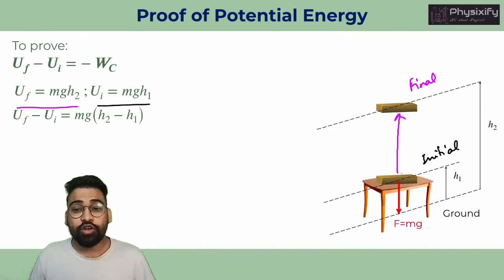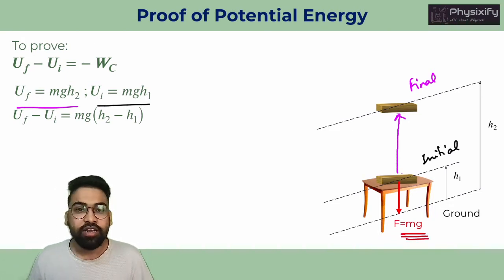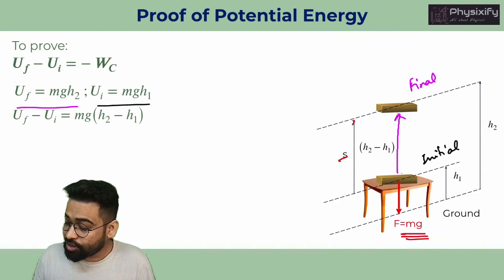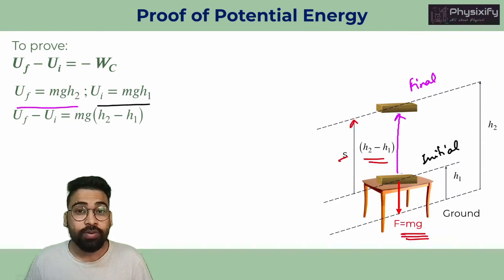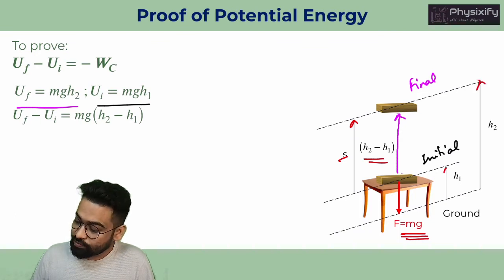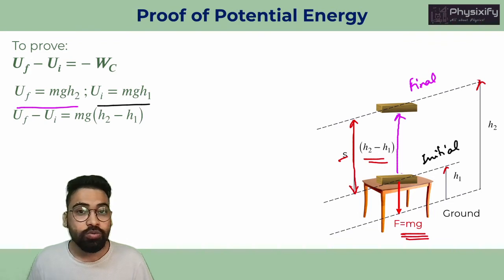And if I talk now about the conservative force, I have a force mg that acts in the downward direction, and we have a displacement s in the upward direction, that is h2 minus h1, because if the total height was h2 from the ground and h1 in the initial case, the remaining one happens to be h2 minus h1.